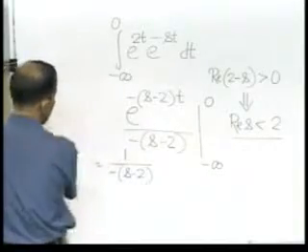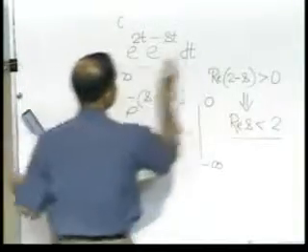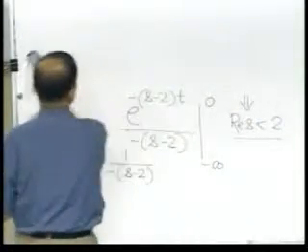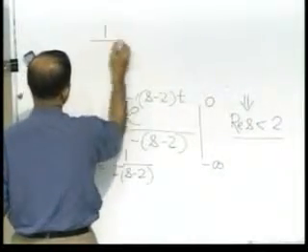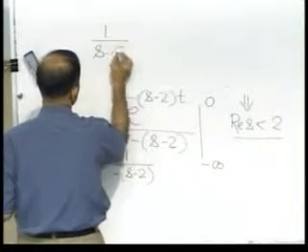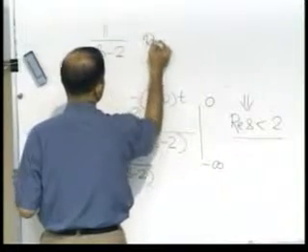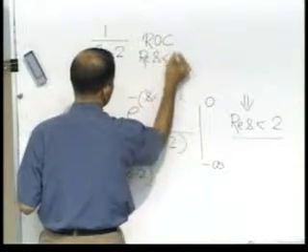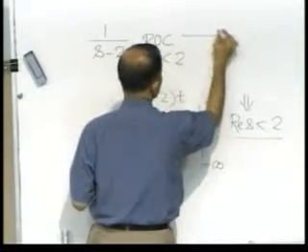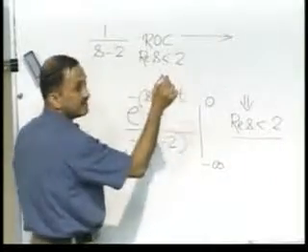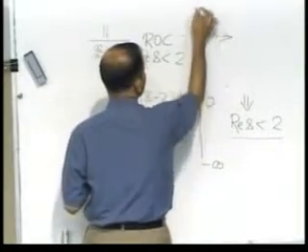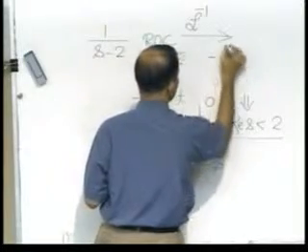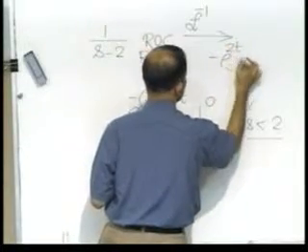Therefore, our conclusion is that 1 by s minus 2 with a region of convergence real part of s strictly less than 2 has the inverse, and I am bringing in a new notation here, Laplace inverse, given by minus e raised to the power 2t u(minus t).